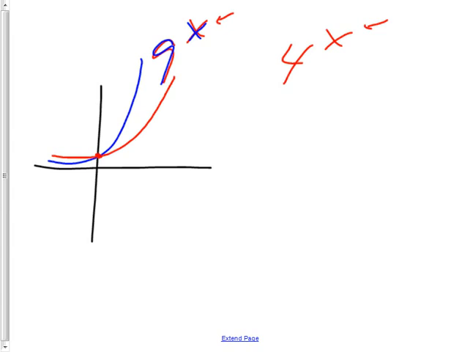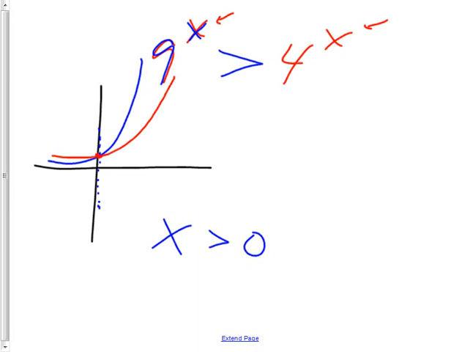All right, so now, if the question was, where is 9 to the x bigger than 4 to the x? I would say it's where x is greater than 0, because from here on, the blue one's taller than the red one.